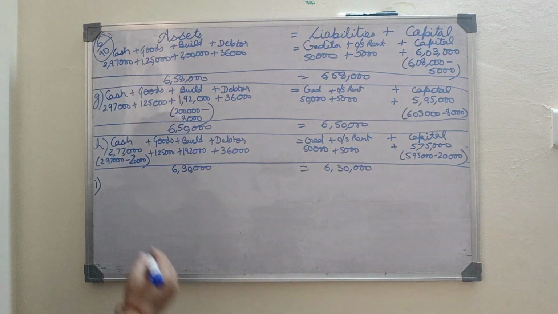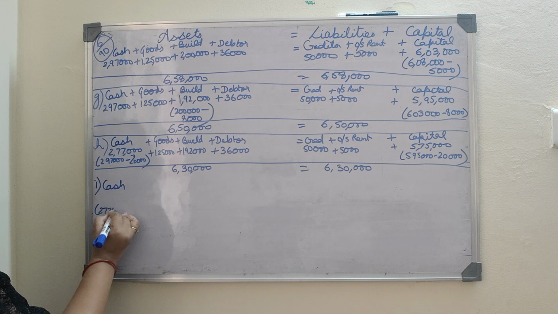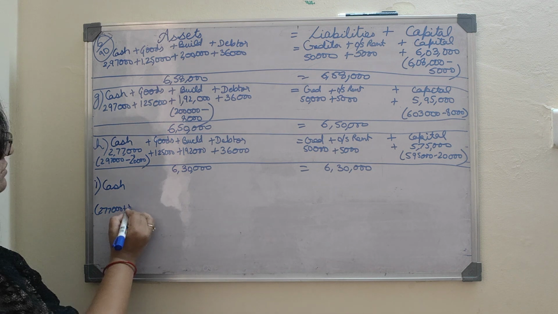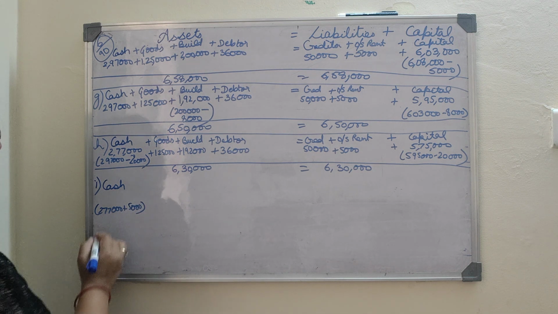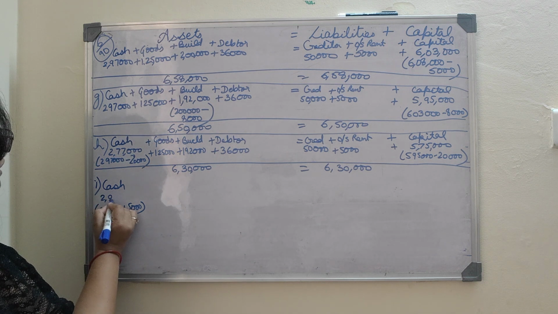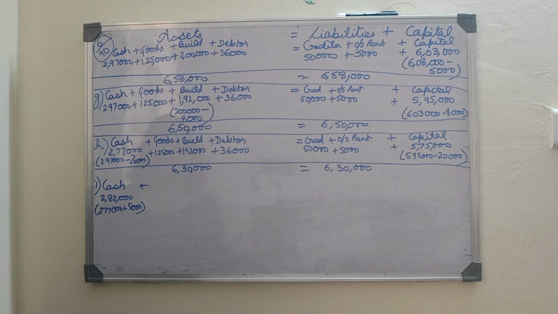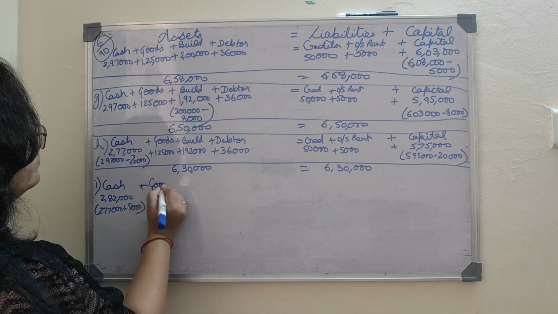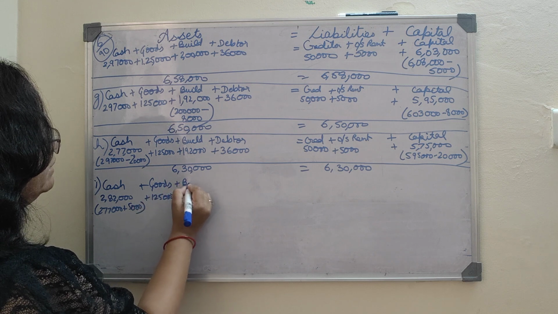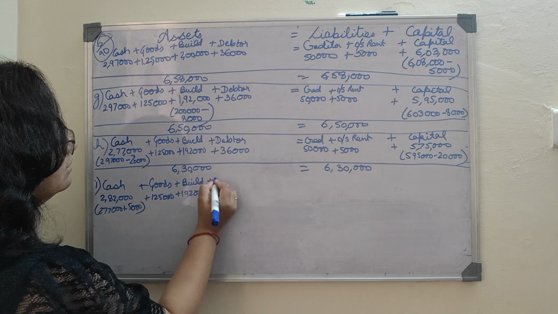So when we are receiving it, with cash 2,77,000 plus rent received in advance of 5,000. So 2,77,000 plus 5,000 comes 2,82,000. Yes. And goods 1,25,000. Building 1,92,000.